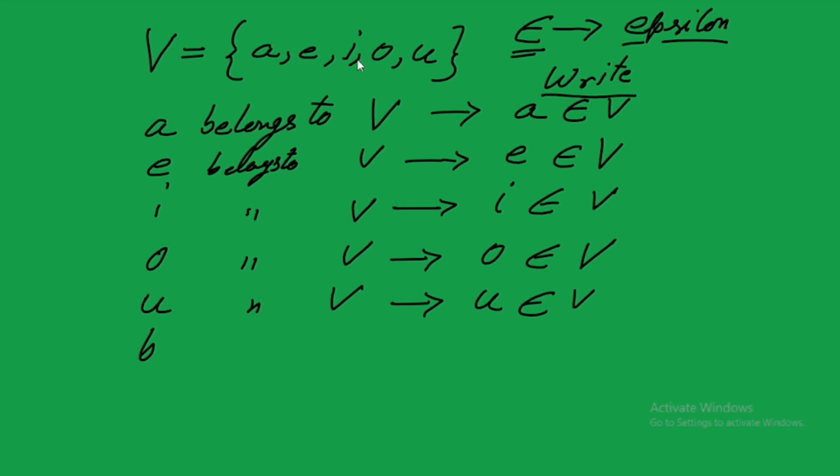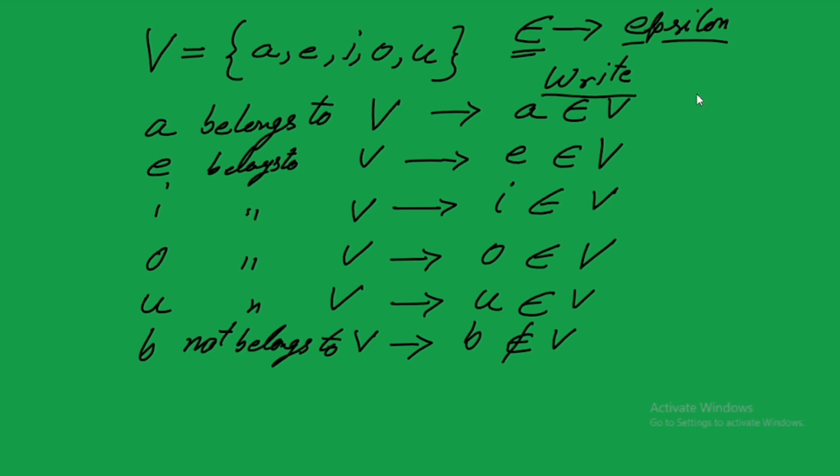So how do you write this? You say that B does not belong to V, and this condition is represented in this way.